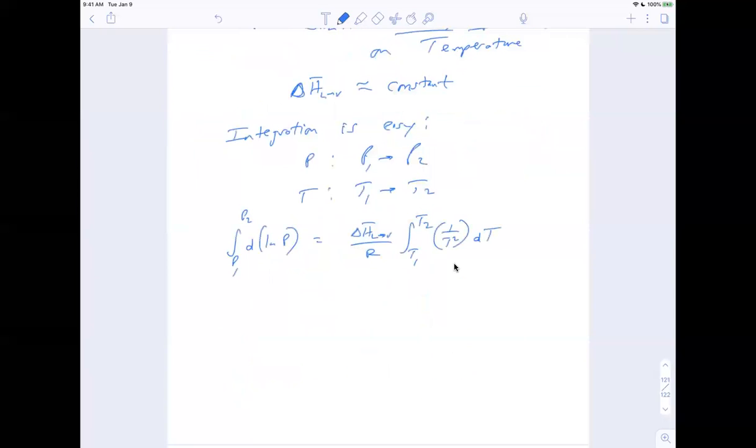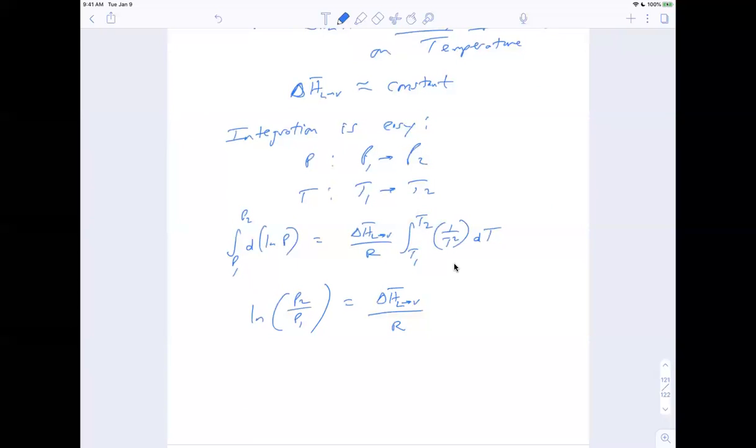And at this point, we all know that the left-hand side of the equal sign is just log of P2 over P1. And on the right-hand side, we have delta H bar liquid going to vapor over R, times the integral of 1 over T squared.